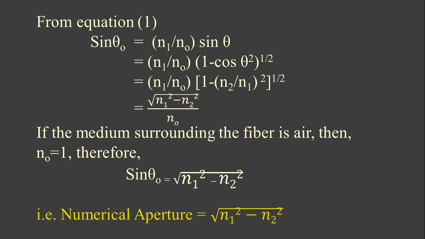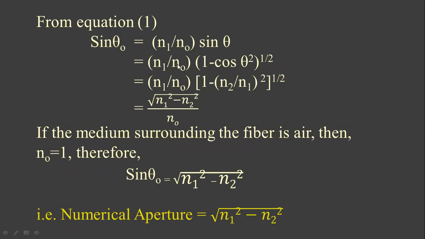From equation 1, n naught sine theta naught is equal to n1 sine theta. From that equation, n naught I have taken to the RHS. So LHS is left with only sine theta naught. So sine theta naught is equal to n1 by n naught into sine theta.